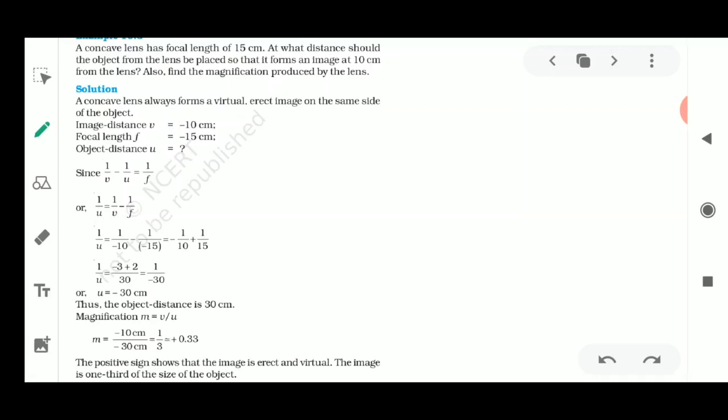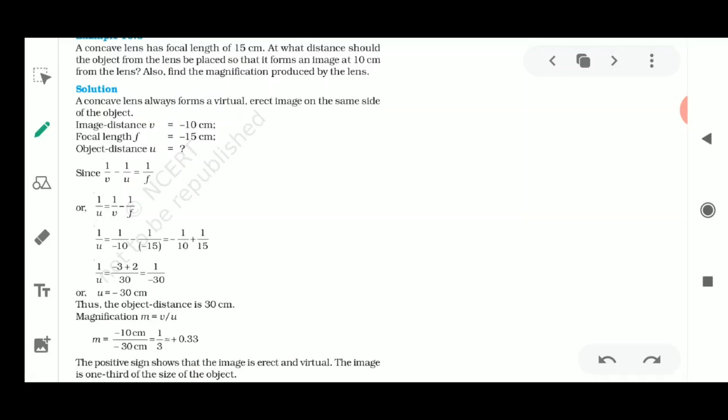So what does it say? The question is: a concave lens has a focal length of 15 centimeters. At what distance should the object be placed from the lens so that it forms an image at a distance of 10 centimeters from the lens? Also find the magnification produced by the lens.